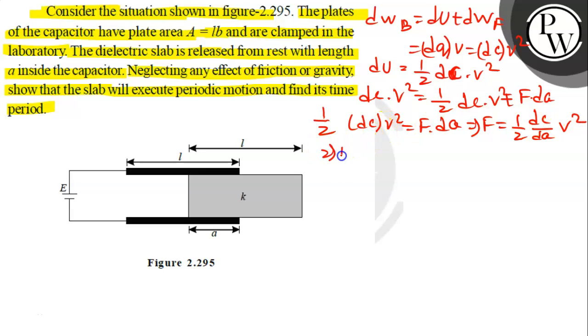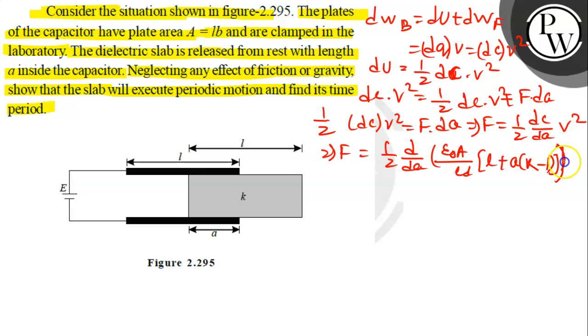So F is equal to 1 by 2 d by dA of epsilon naught A divided by L d into L plus A into K minus 1, into V square. So F is 1 by 2 into epsilon naught A divided by L d into K minus 1, into V square.